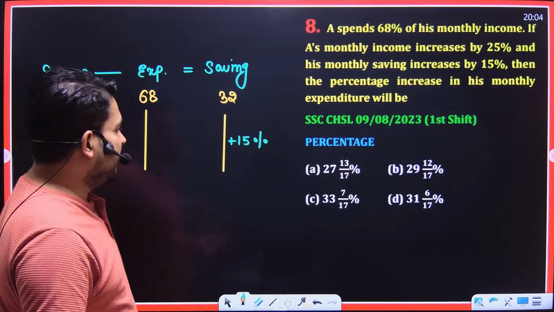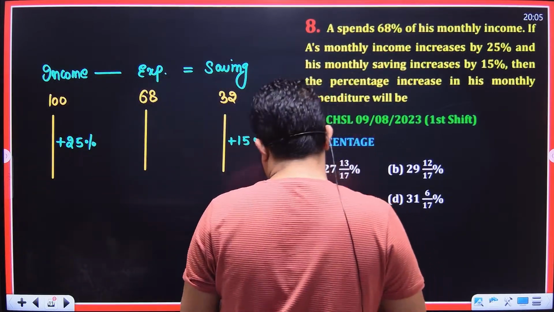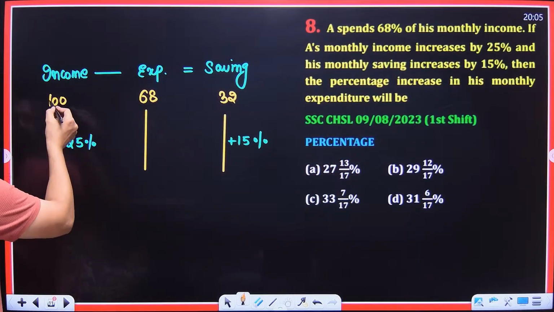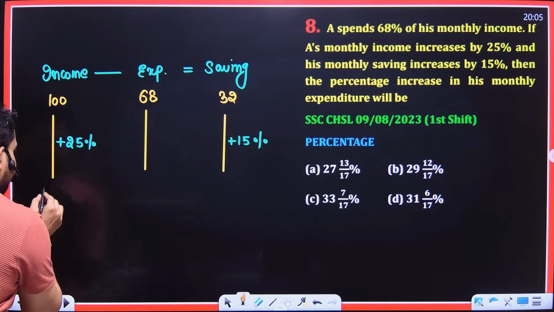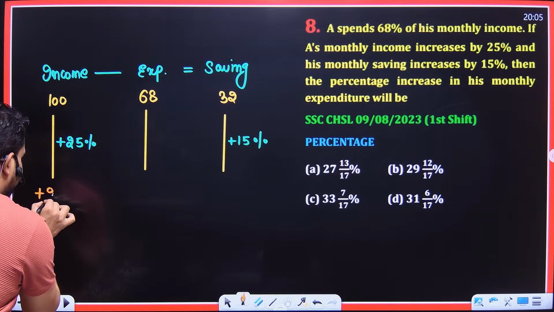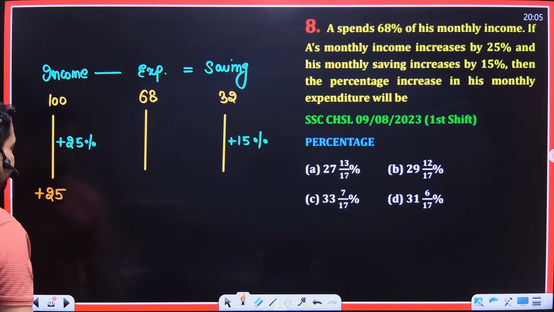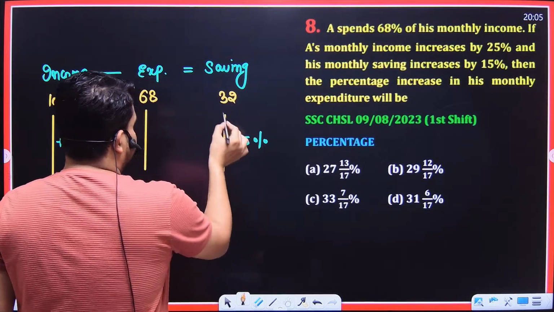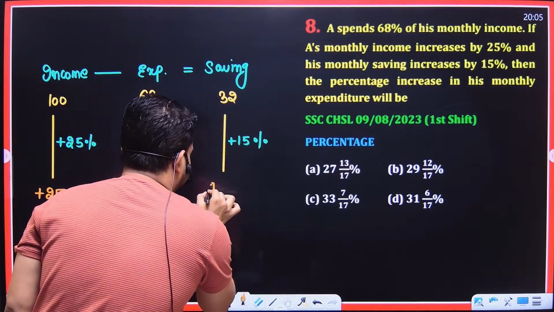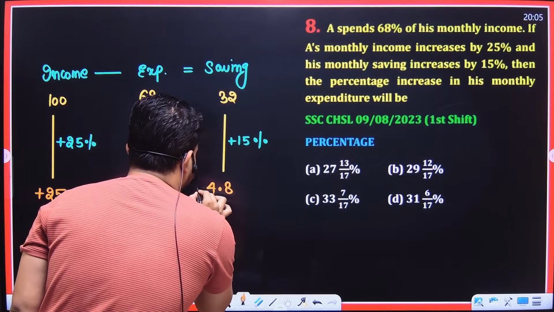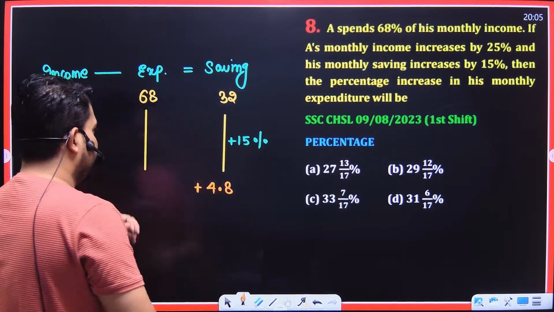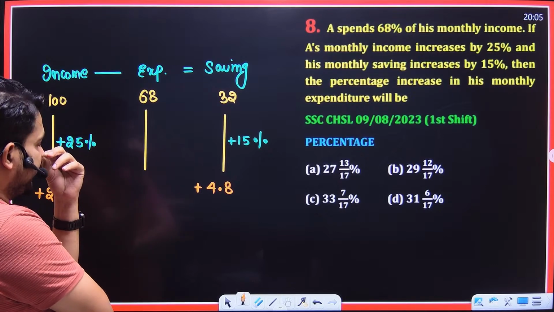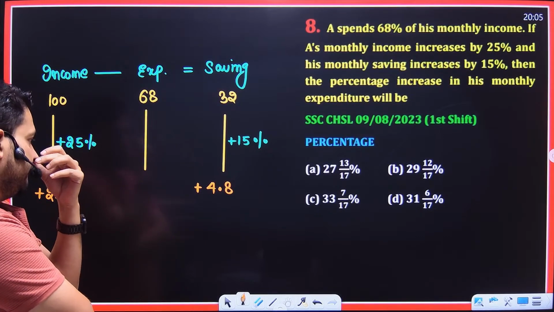We have to tell the increment in his expenditure. So I will write only the increment. If his income is 100, increased by 25, so it will be increased by 25. 15 2s are 30, 15 3s are 45, 45 plus 3 is 48, 4.8 is the increment in his saving.